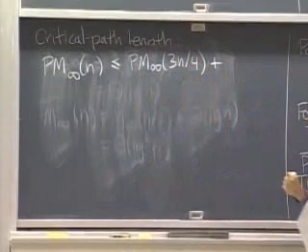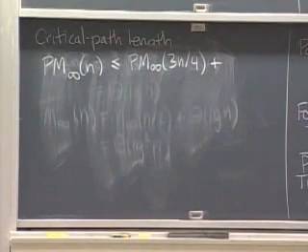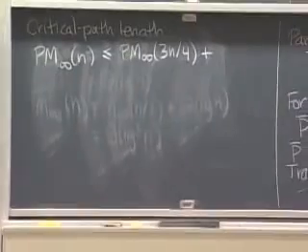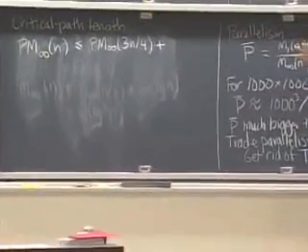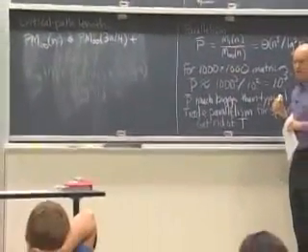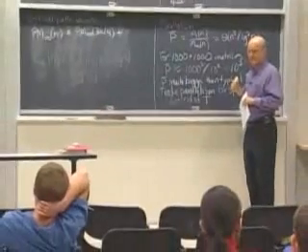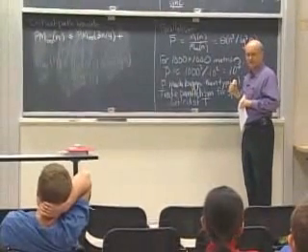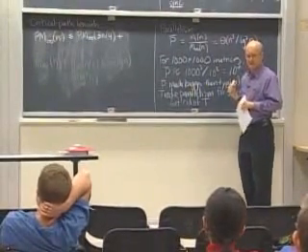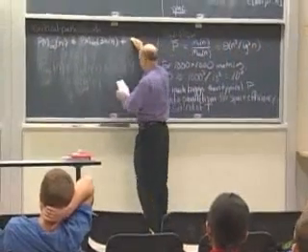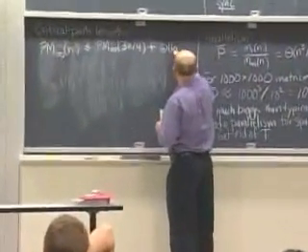Of 3n over 4 plus, okay, so the worst of those two is going to be 3/4 of the elements, plus what? Plus log n.